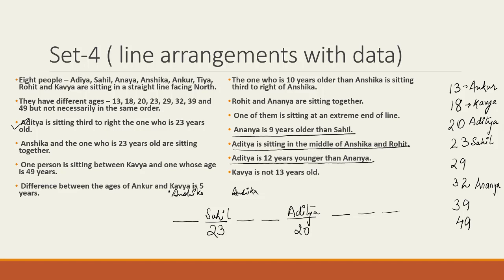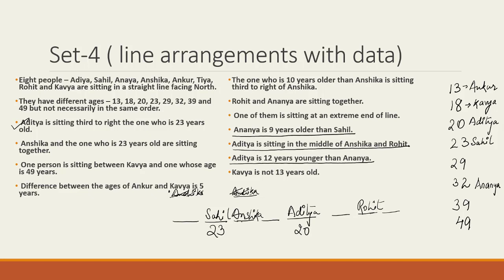When I consider Anshika here and I want to confirm this data that Aditya is sitting in the middle of Anshika and Rohit, if I place Anshika here and Aditya happens to be in the middle of Anshika and Rohit, Rohit would come here. Now, the one who is 10 years older than Anshika is sitting third to the right of Anshika.